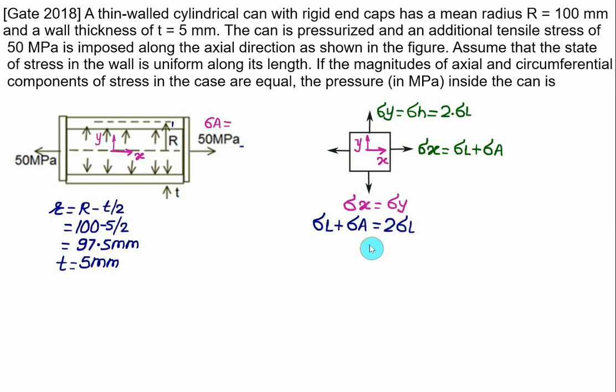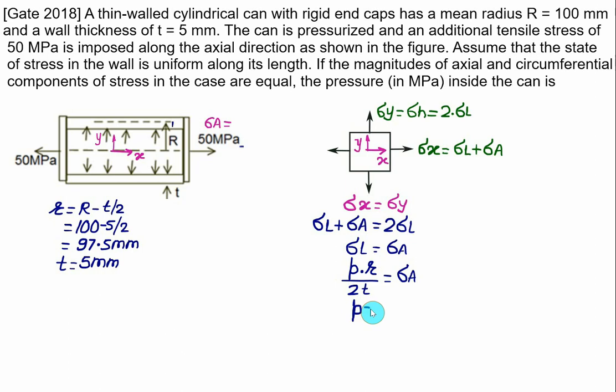So this sigma L will shift to the right side. We will get sigma L equal to sigma A, and we know the longitudinal stress is given as pressure multiplied by the radius R divided by 2 times thickness, equal to sigma axial. Pressure we have to find out.